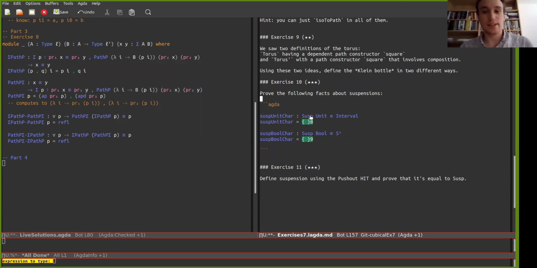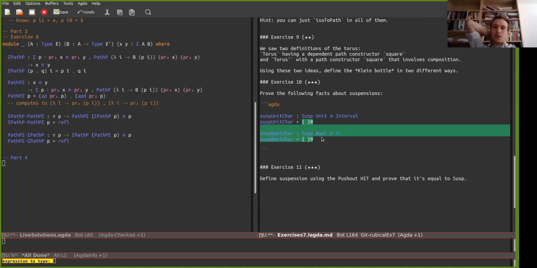Yes, 10. This one is definitely doable. This one is very hard, and I wanted to, yeah, exactly. I mean, this should be more than 3 stars. So the hard part is doing the round trips. You can do it if you assume what is called the groupoid laws.